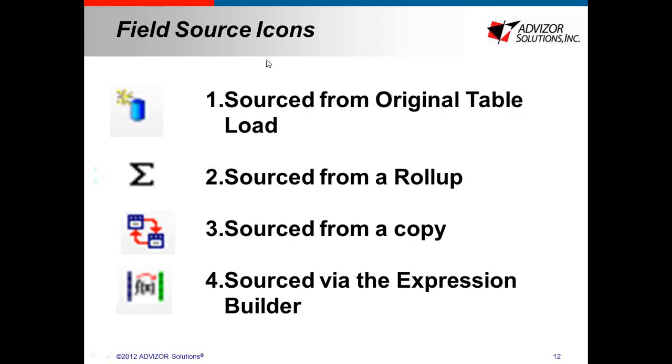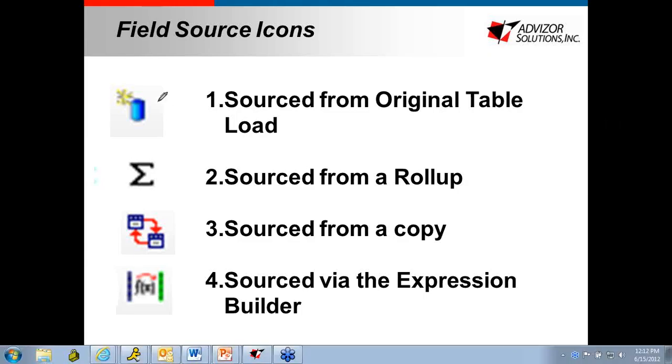What I'm showing you here are essentially the icons, so that visually you can immediately see and start to learn what these icons represent when you're looking for the source of fields themselves. First, when you see the drum barrel, obviously that's telling you it was brought in from an outside source.